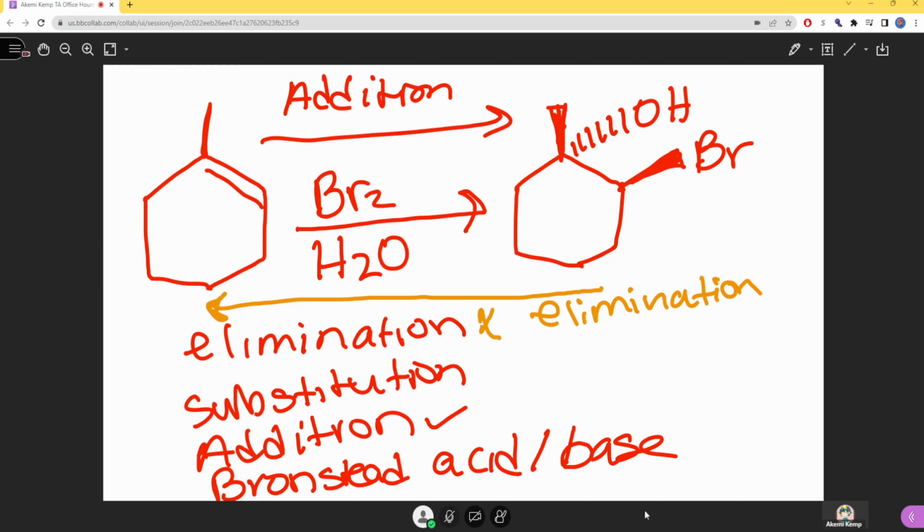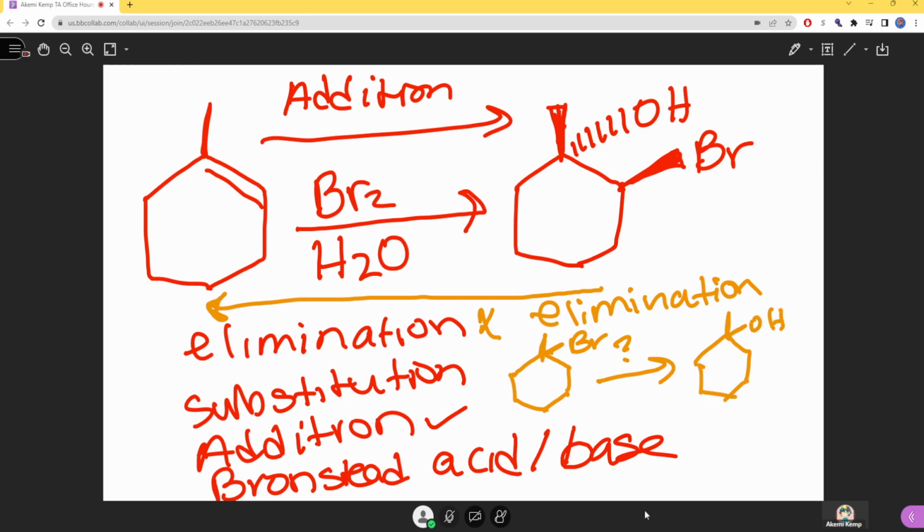It can't be substitution because we're not substituting anything. In substitution reactions, we don't work with alkenes first. We usually work with an alkyl halide. So let's say we had this same molecule, no alkene though, and we had a bromine here, and then we do whatever type of reaction to get this.